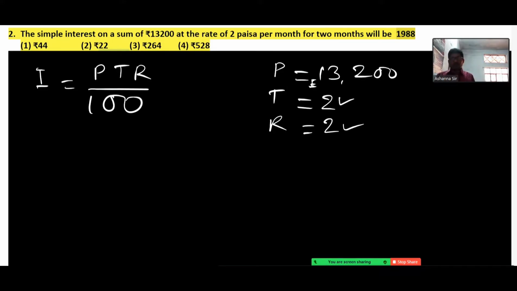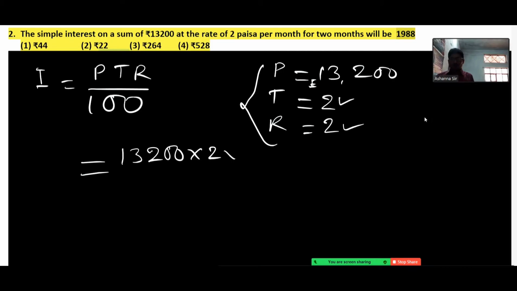Now substitute in the formula: 13,200 into 2 into 2 by 100.